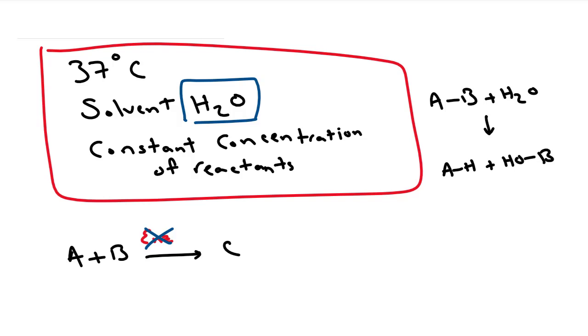Now, a chemist will say, well, the reaction will happen if it's a favorable reaction, and we'll talk about what favorable reaction means later. If this reaction is favorable, meaning that it should make the product C, well, it's still happening. But because the enzyme is not involved, it's happening at such a slow rate that it is not significant to biology, meaning that it's happening at such a slow rate that it cannot support life.